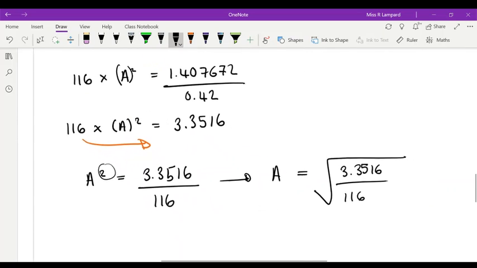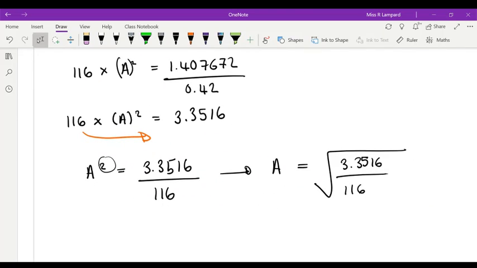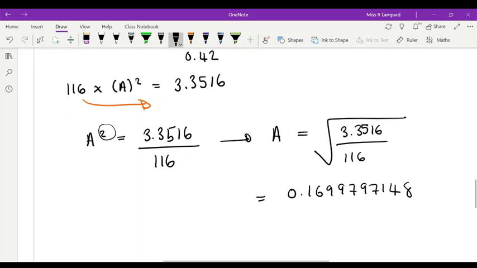And if you put that value into the calculator, which I'm just going to do now, you come out with a value. I'm just going to write what I've got on my calculator here, 0.169979714.